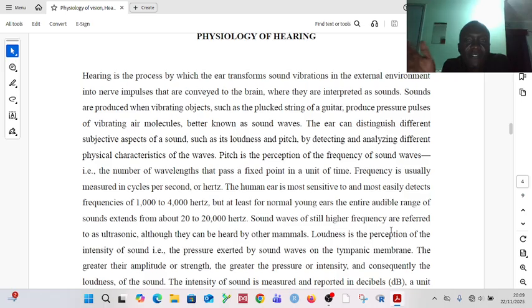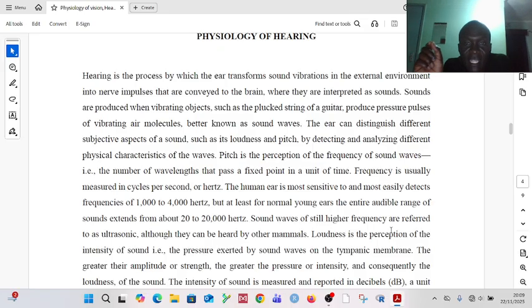So there will be a sound vibration in the environment. But that sound vibration has to be picked, then transformed into impulses by your nerves. Then those impulses within your nerves ndio lazima zikuwe conveyed, zipelekwe mpaka kwa brain.